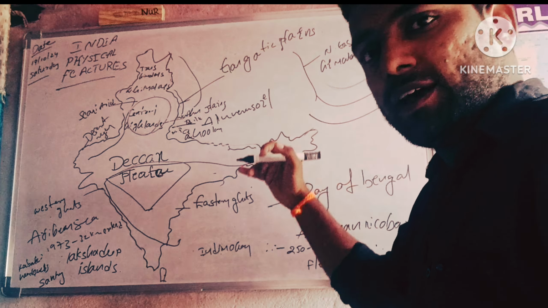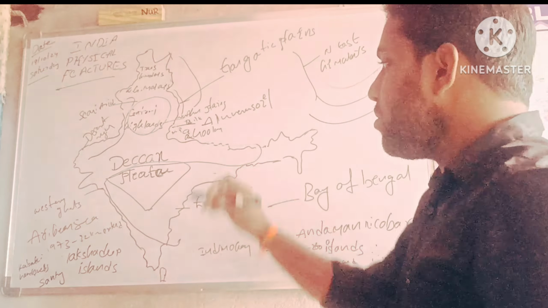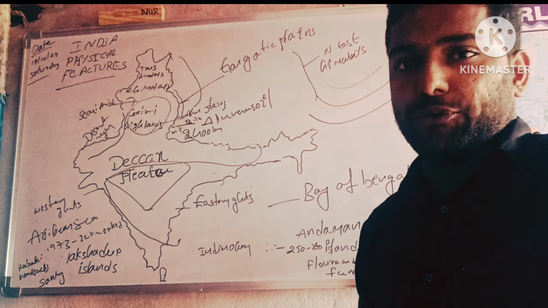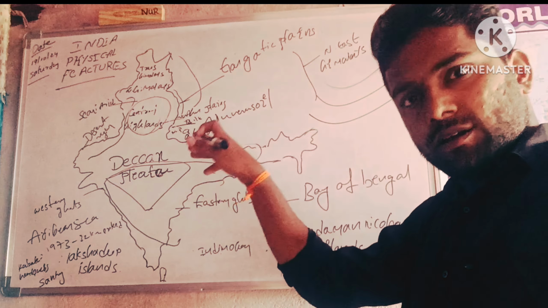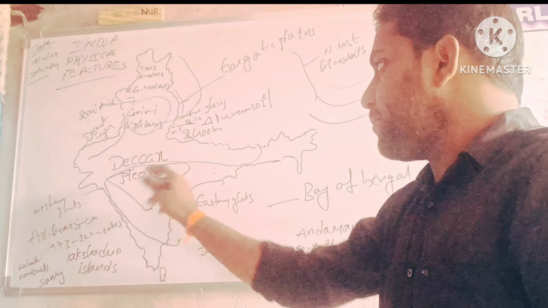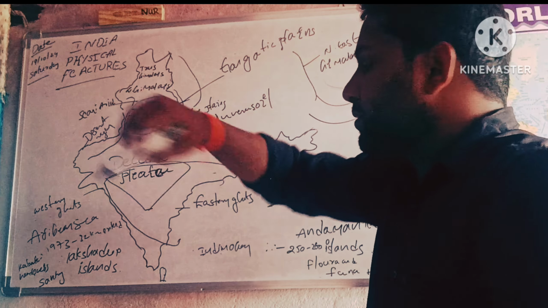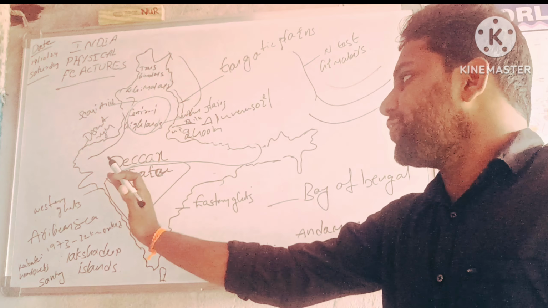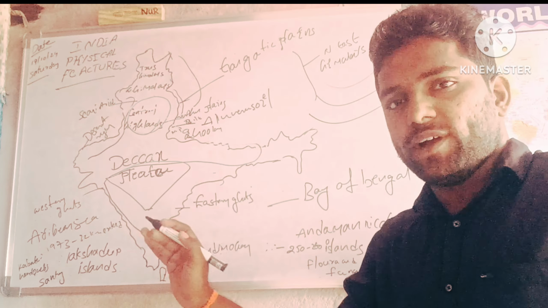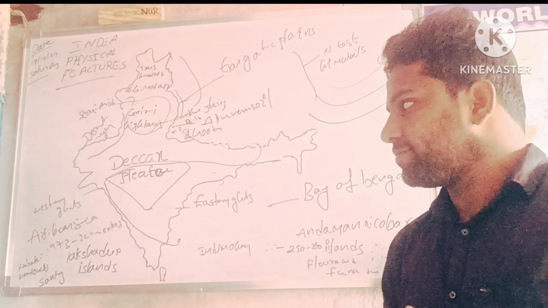They also rotate around the Deccan Plateau. The water comes straight to the middle point, the Deccan Plateau, and circles, flowing west to east and east to west. That's why we call them rivers.